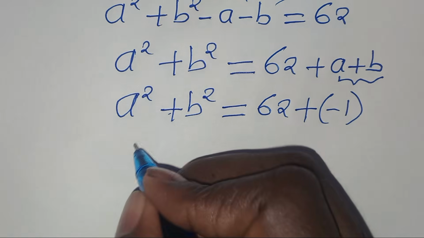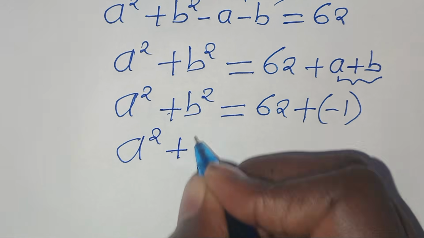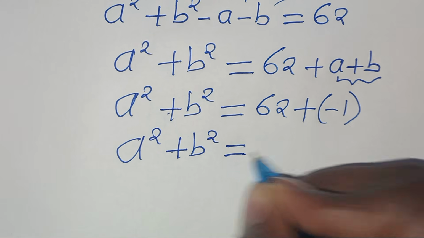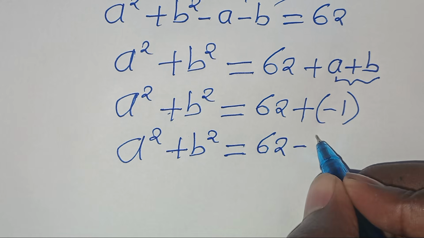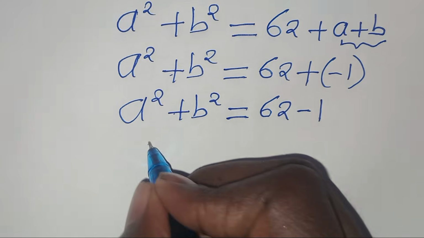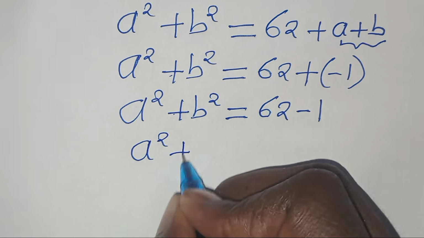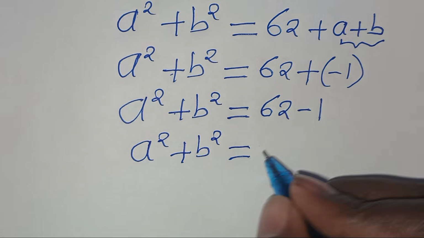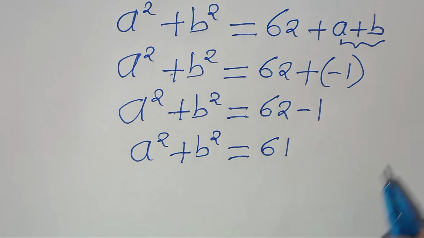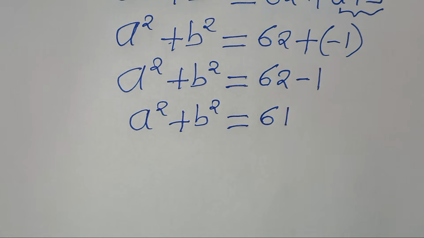So this implies that a to the power of 2 plus b to the power of 2 is equal to 62 plus times -1, this is -1. And therefore a squared plus b squared is equal to 62 minus 1, and this is equal to 61. This is equation 4.